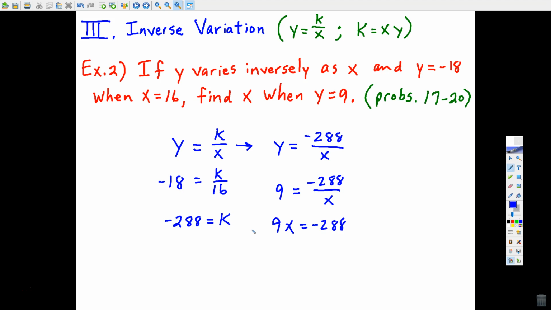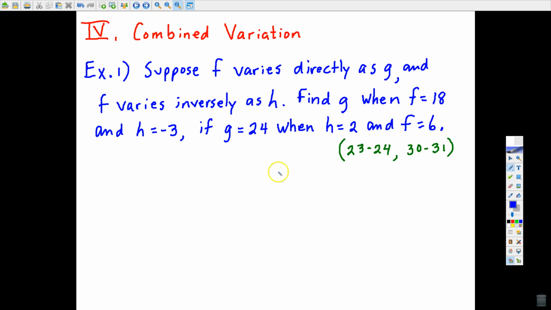Negative 288 divided by 9. And that's negative 32. So just pay close attention to what the problem is asking for. And once you get your equation or function written, then it's just a matter of doing substitution and basic algebra. Okay, so far so good. 3 down, 1 to go.